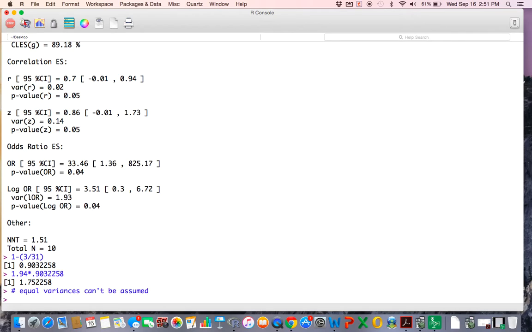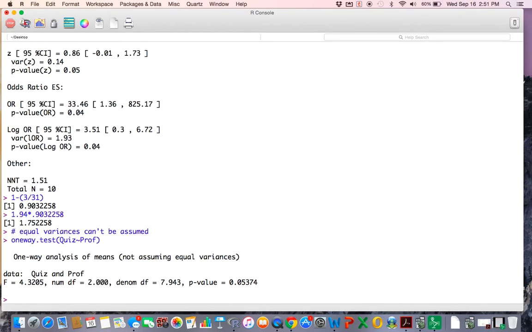So we violated the homogeneity of variance assumption. What can we do? Well, there's something called a one-way test, where we can, in this case, take the quiz across our group, which is the prof. That's kind of cool because the one-way analysis of means here does not assume equal variances.